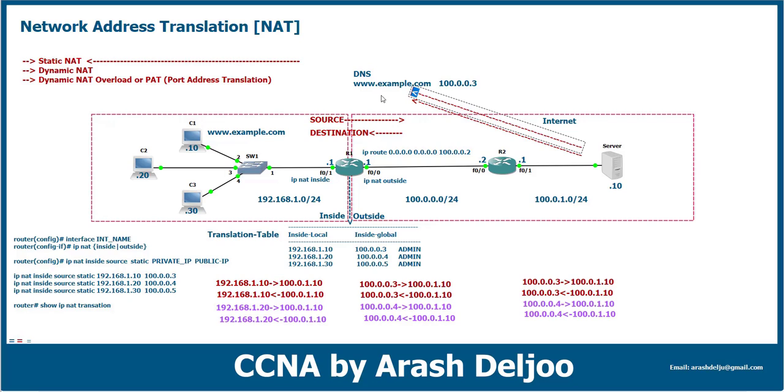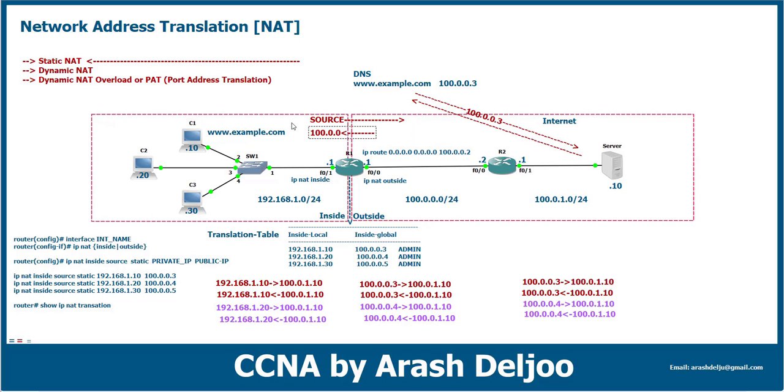You know that this is not the real IP address of, for example, the server of www.example.com. But now when the client tries to connect to 100.0.0.3, it sends traffic to the destination 100.0.0.3.